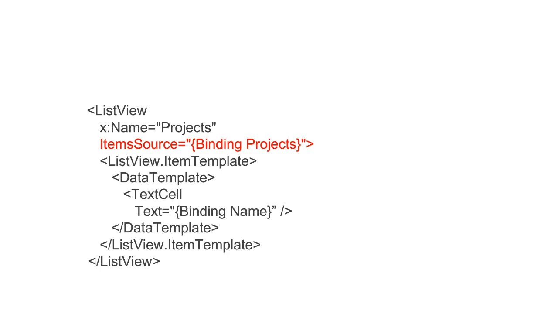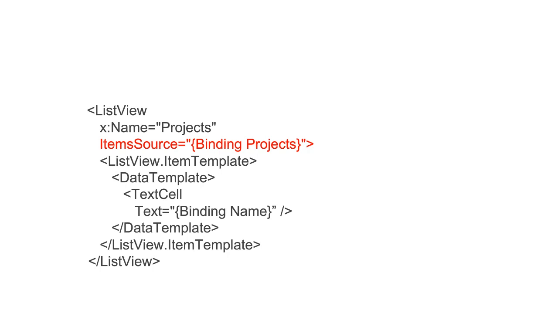That says, here is the collection of items that we want to display. That collection will be a public property in our view model, and we're going to bind to that collection to set the item source.